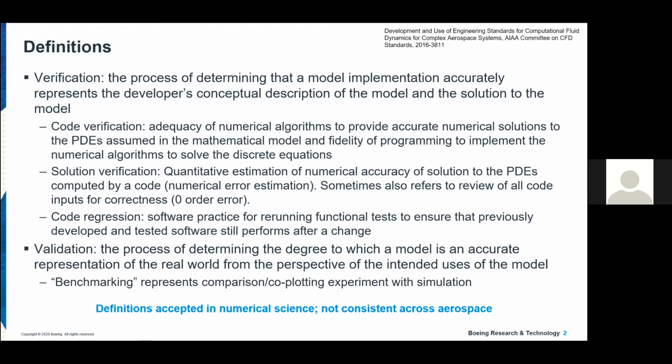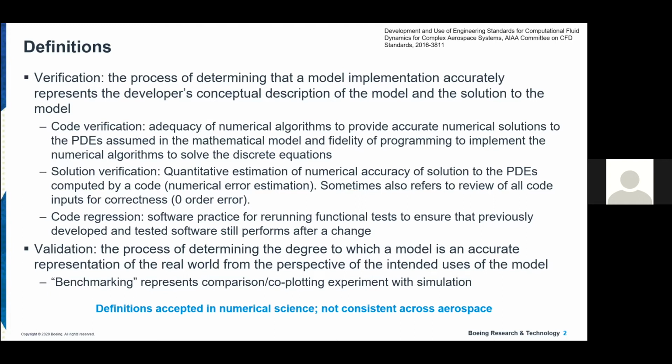The next step is solution verification. In many ways this gets pushed to the responsibility of the user, to make sure that for the particular problems of interest we understand what the numerical errors are that are going to be associated with that particular solution. This may involve things like grid convergence studies or looking at sensitivities of different parameters, but everything is targeted at, for a relevant application, trying to find ways to estimate what that numerical error is.